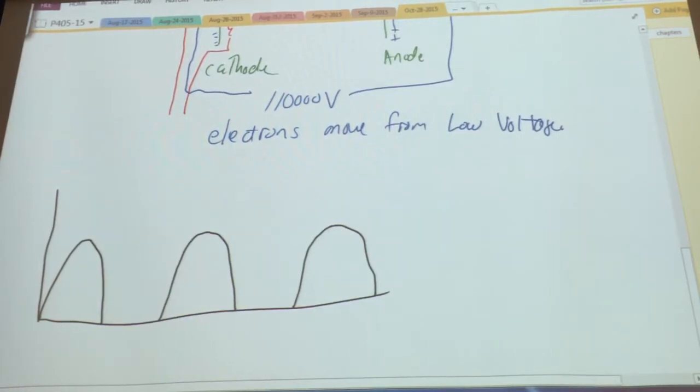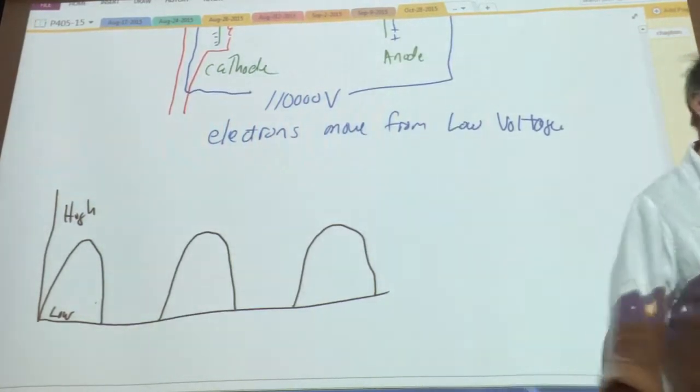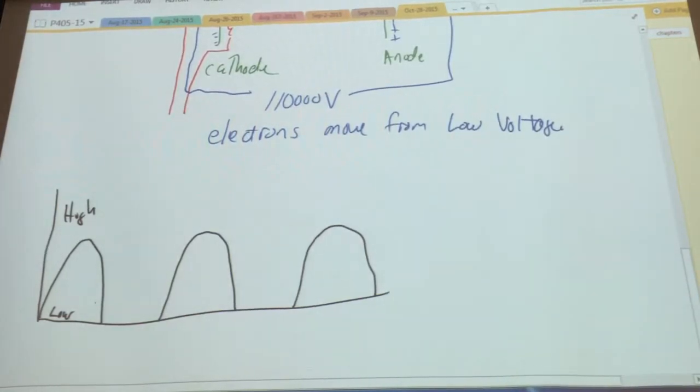So this is now our high voltage. So we want to get rid of our opposite low voltage, right? Well, we want to get rid of the negative half. And this is our low voltage. 0 is our low voltage, and then we have high voltage at the peaks. And since we just chopped it off, we got rid of it, we don't have any negative voltages.